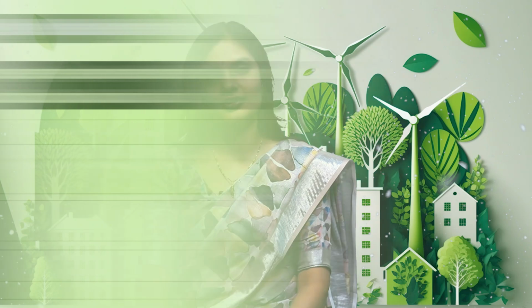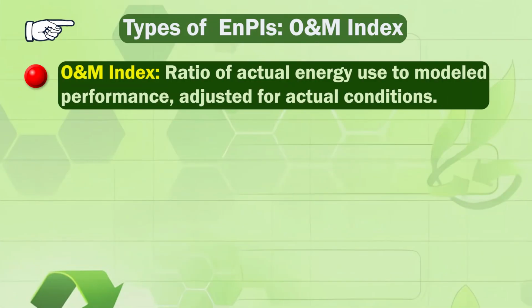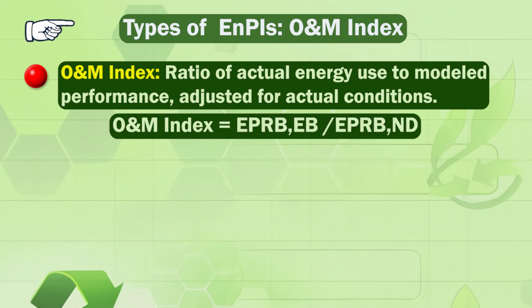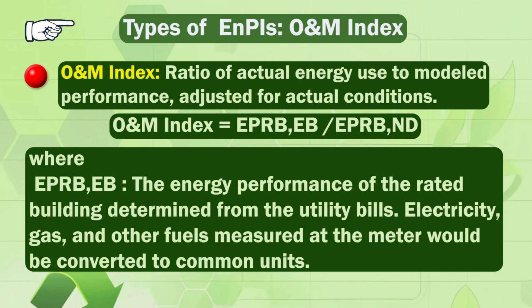The third is operational and maintenance index, that is O&M index. The O&M index compares actual energy use to modeled performance, adjusting for operational realities. O&M index is the ratio of actual energy use to the modeled performance, adjusted for actual condition. The formula for O&M index is EP RB, EB divided by EP RB, ND, where EP RB, EB is the energy performance of the rated building determined from the utility bills.